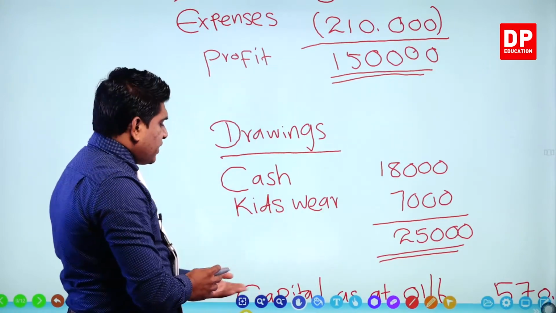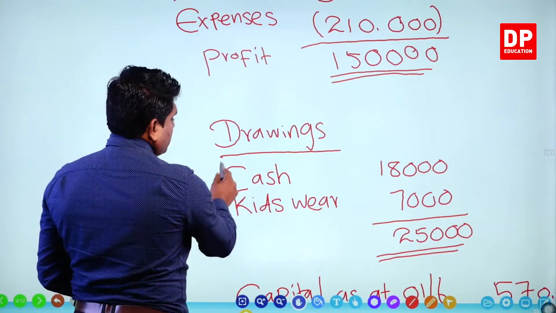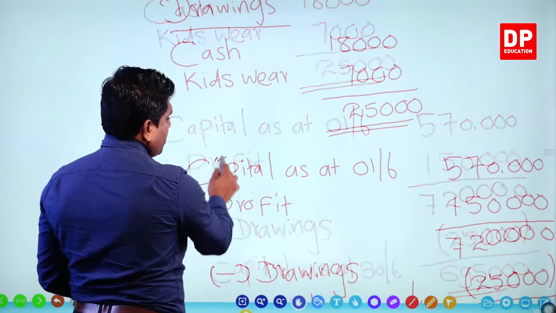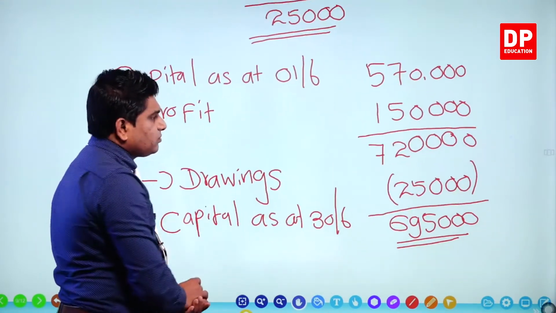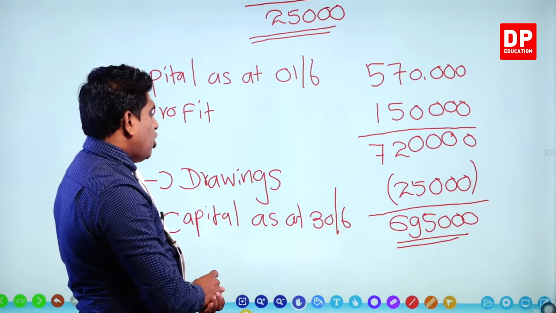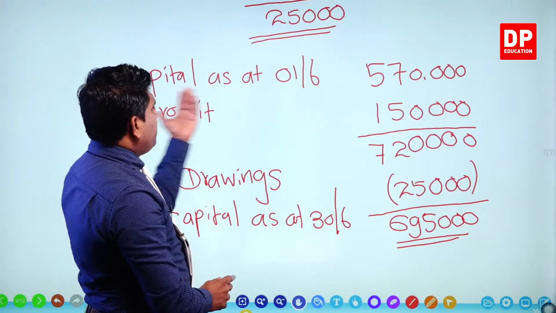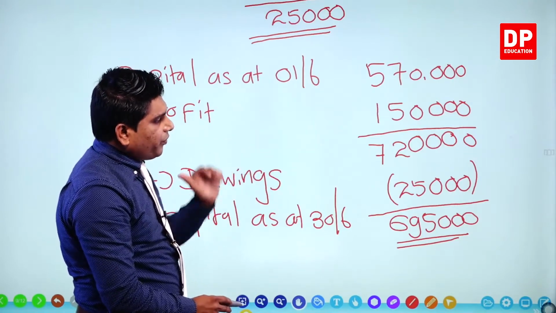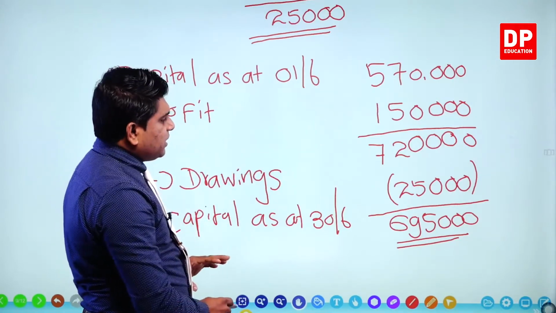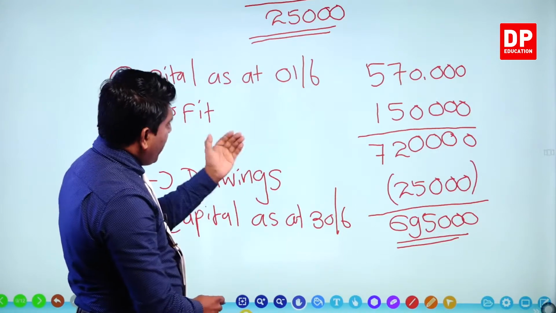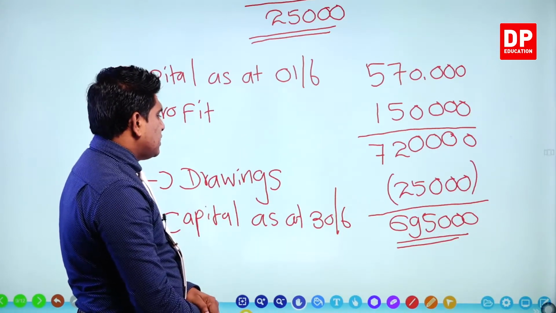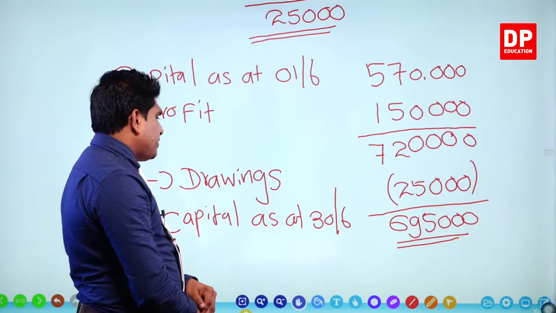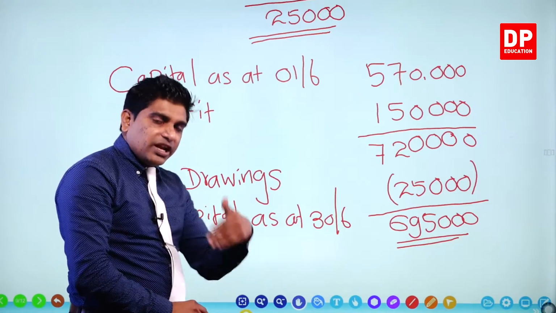Referring to these details, we can find how much the capital, how much the equity is at the end of the period. At the beginning capital 570,000, profit you add to this, then 720,000. Drawings are 25,000, you minus it, then you can see the capital as at 30th of June, it means end of the period, 695,000, right?